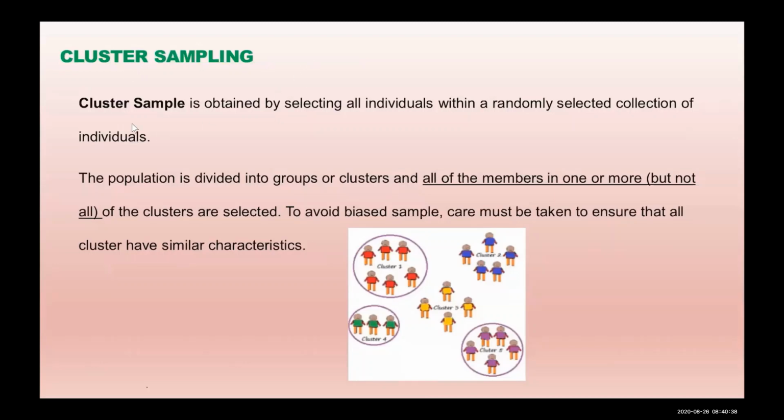Cluster sampling. A cluster sample is obtained by selecting individuals within a randomly selected collection of individuals. So in cluster sampling, what we do is we make clusters, little groups. Let me give you a good example here. There are so many students at CCA. Right now, many groups of students are taking classes.